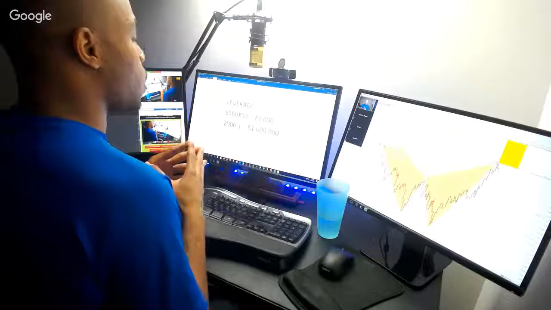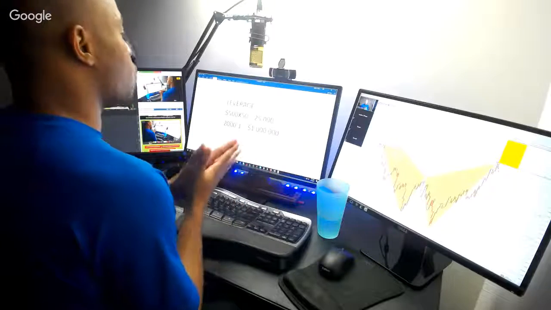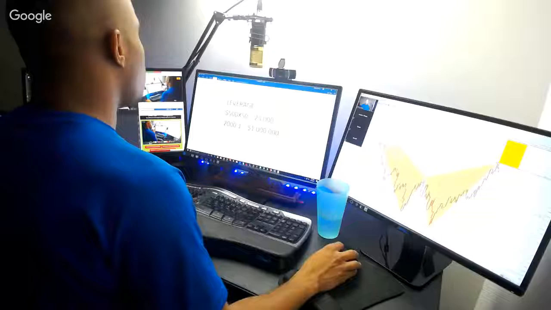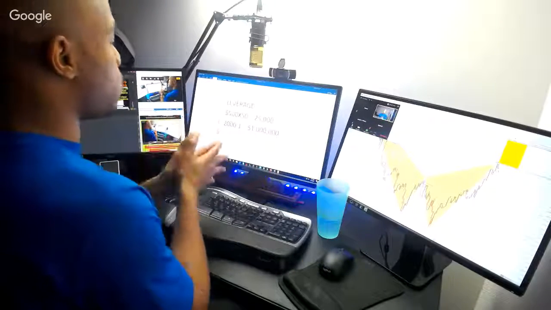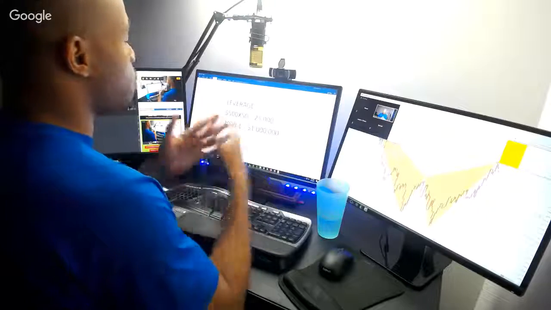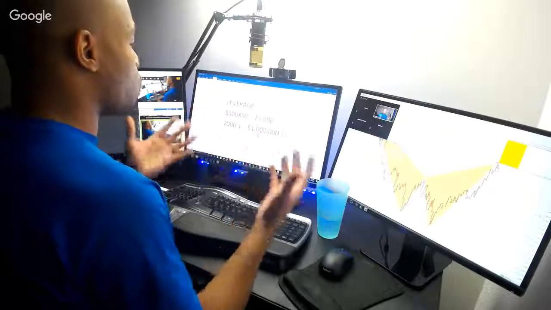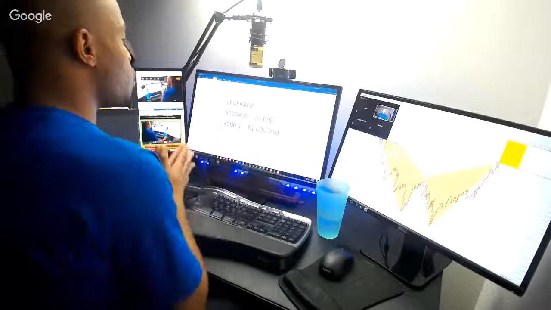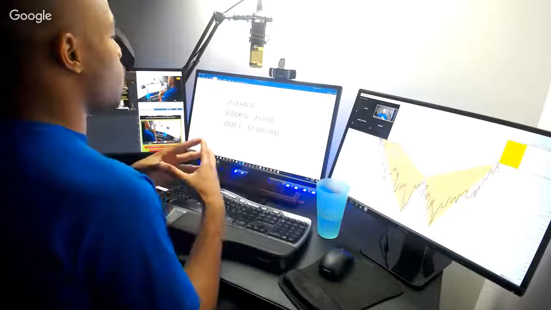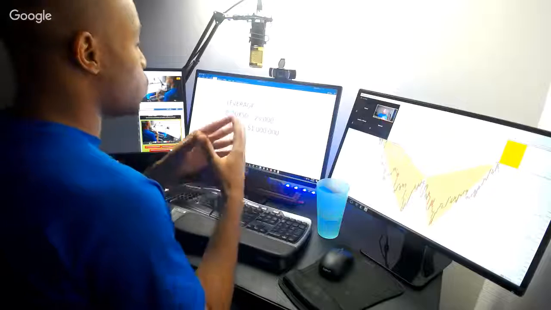Now, the good side to leverage is if you take that 228 pip trade and it goes in your direction, you essentially took a $500 account and increased it by over $2,000 off of one trade. Now, if you trade on high leverage and it goes against you, then you got to keep in mind that that pip value is what you would also lose.